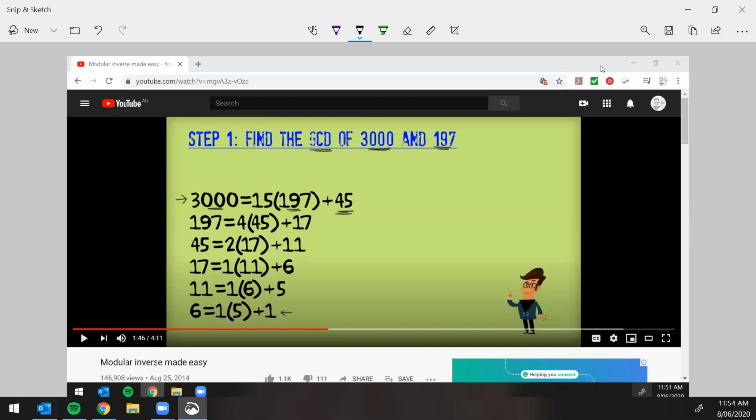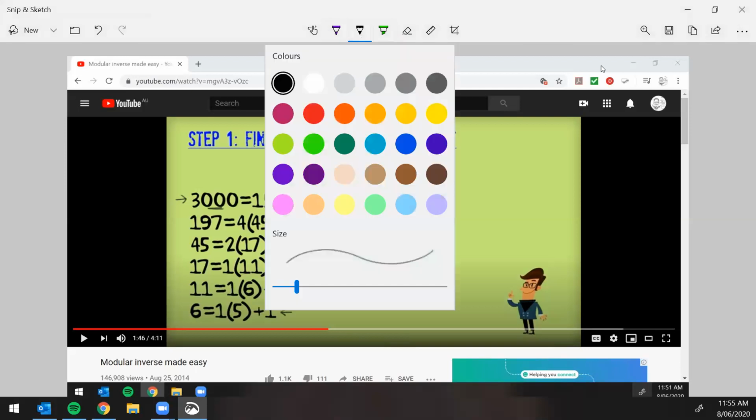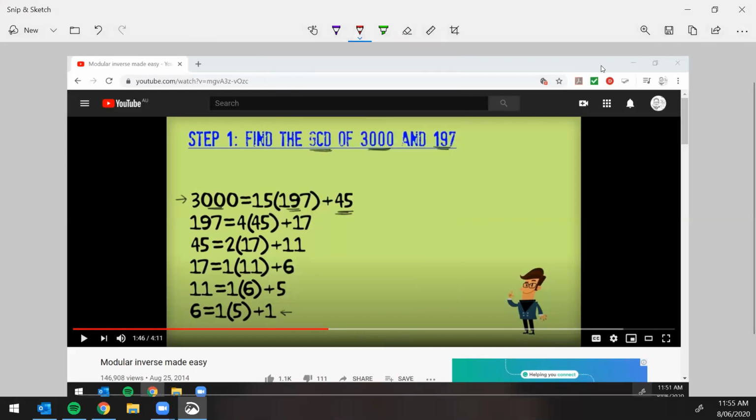And really the next step is about getting to this. Let's put this up in red, even though it's not going to look good against the green background.